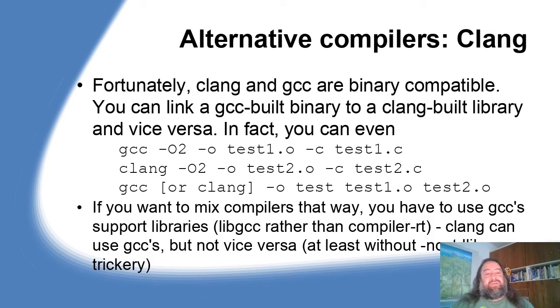There's usually no reason to mix compilers that way, but it is possible. If you do that, you have to use some components from GCC, like libgcc instead of Clang's alternative compiler-rt, because Clang can use GCC's version of those tools, but GCC cannot use Clang's, at least not without some serious tricks.